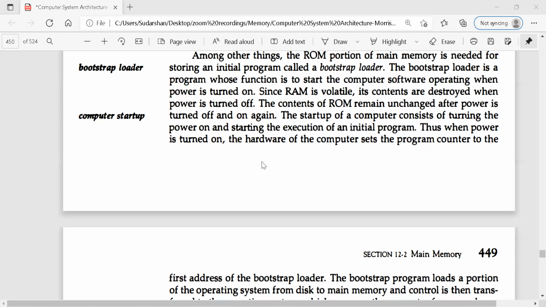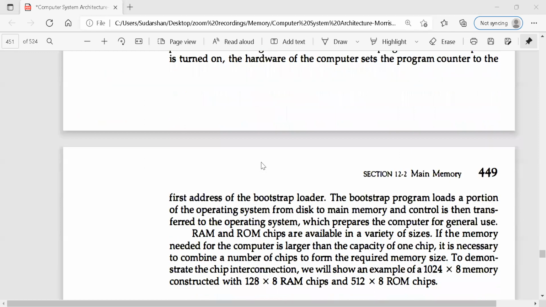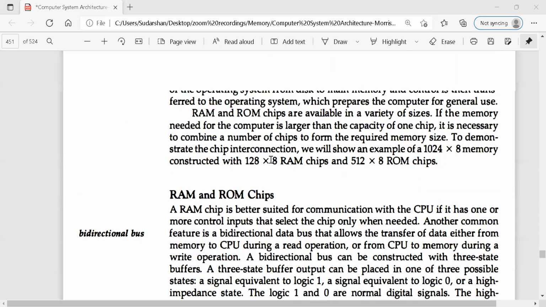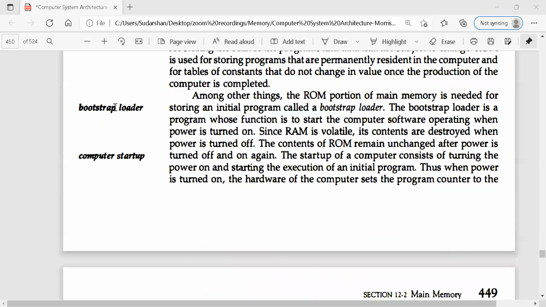Now let us come to another important topic of this session, namely ROM. Of course, you know, ROM is known as read-only memory. While ROM chips are produced by the manufacturer, their contents are also written. ROM is meant for storing a program known as the bootstrap loader program.